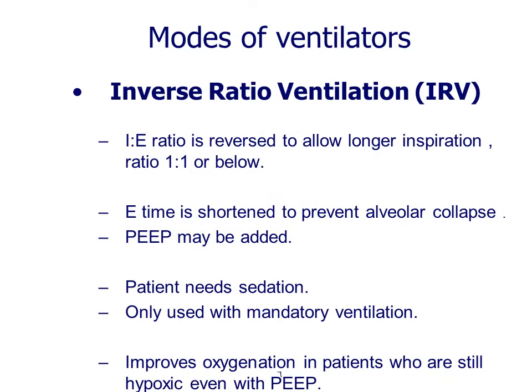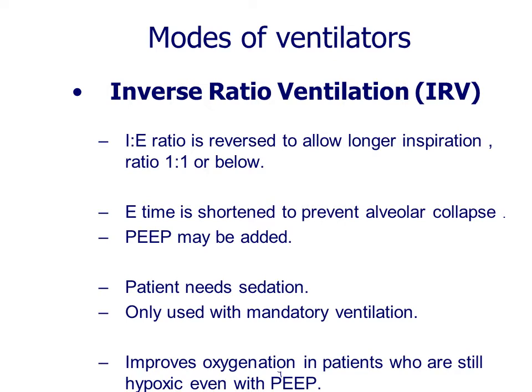This mode, called inverse ratio ventilation, I to E ratio, is reversed to allow longer inspiration. عادة احنا بنعرف ان الاكسبيريشن هو اطول من الانسبيريشن. In this mode نعمل reversing بحيث انه احنا نطول فترة الانسبيريشن to provide more oxygenation.